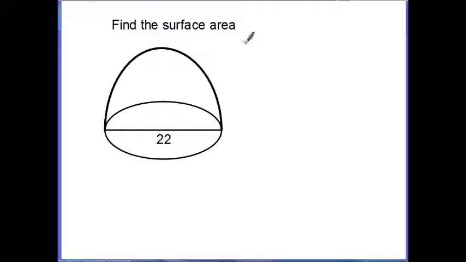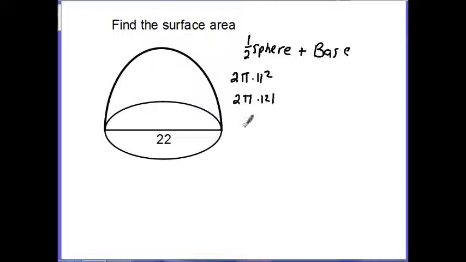So here's what we're going to need to do. We're going to need to take that hemisphere, or that half sphere, find its area, and then add on the area of the one base. So the hemisphere. Instead of 4 pi radius squared, we have 2 pi radius squared, which gives me 2 pi times 121, which is going to give me 242 pi.